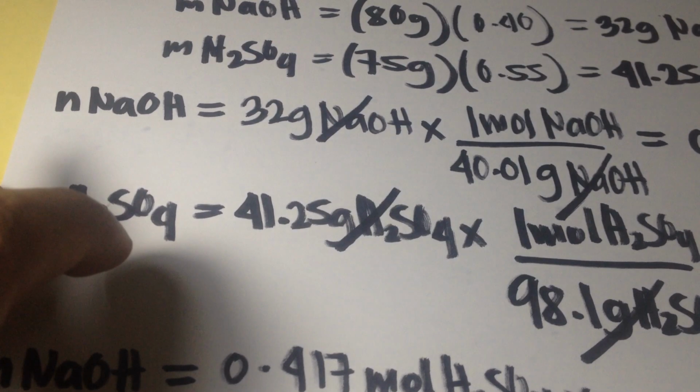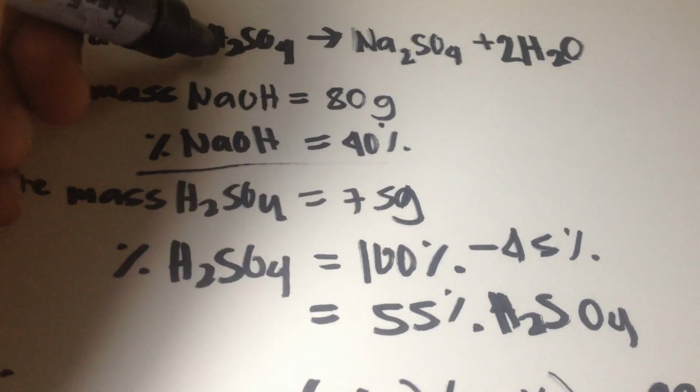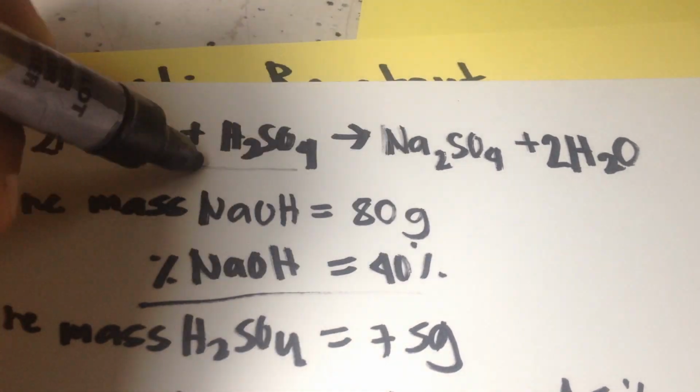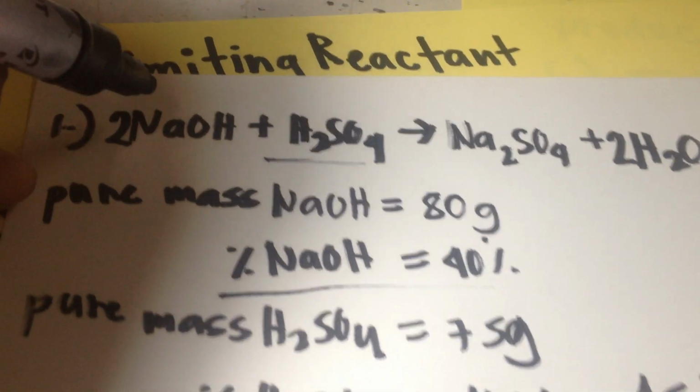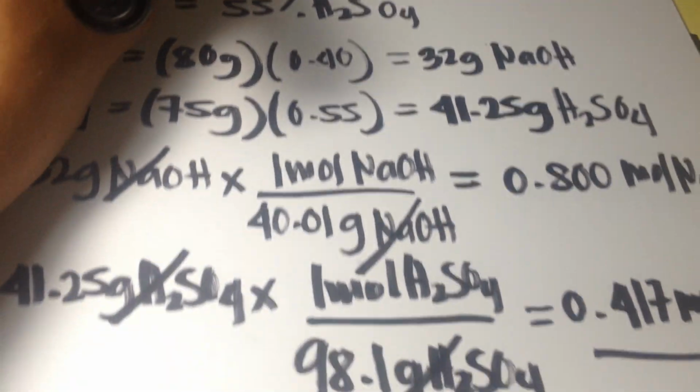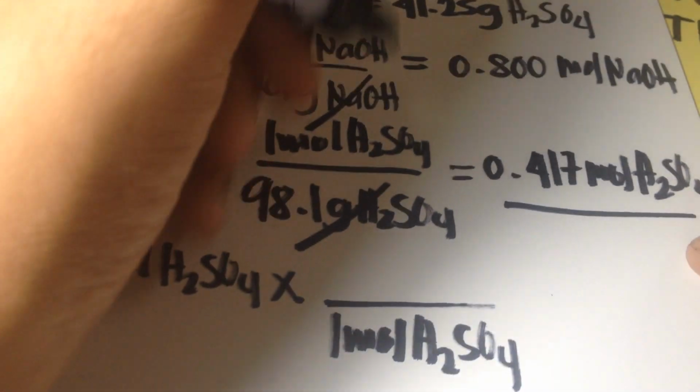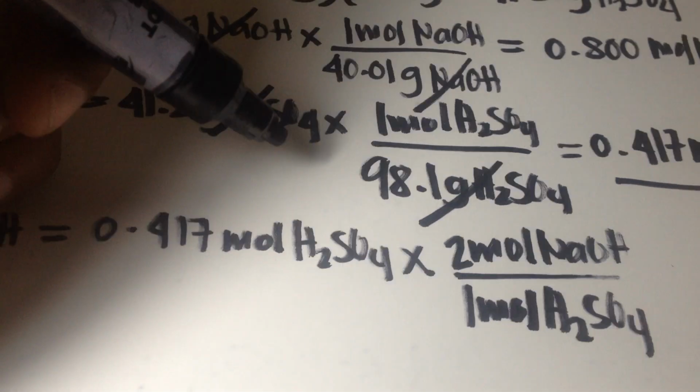You can look at the reaction. We have 1 mole of sulfuric acid here, and 2 moles of NaOH. So cancel out by its moles.